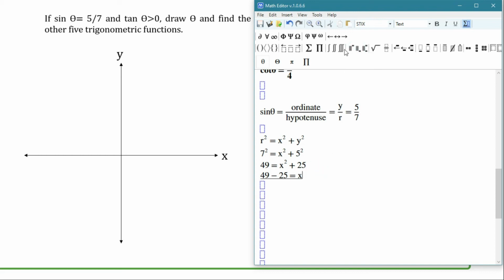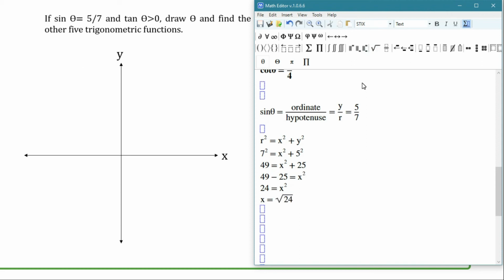Okay? And then simplifying this, we have 24 equals x squared. Then extracting the root of both sides, x equals the square root of 24.